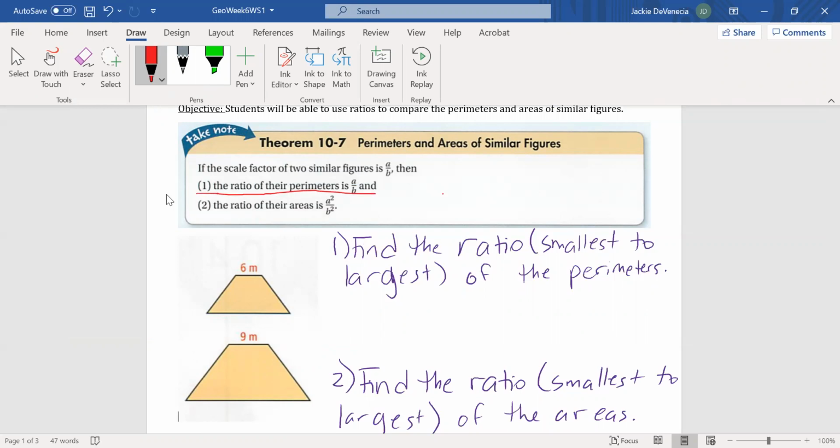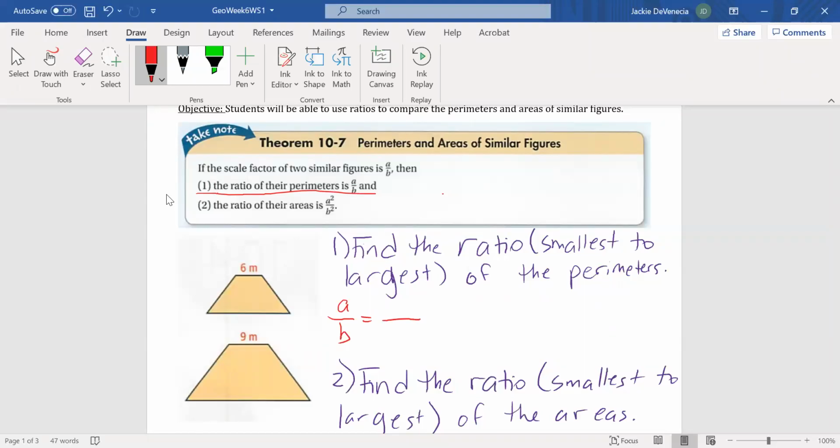I just need to find the scalar factor from the smallest to the biggest. So let me rewrite my formula here, A over B. This is just to remind me of how to set up my ratio.